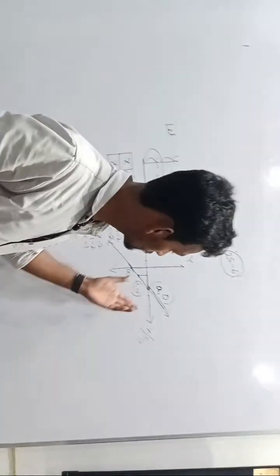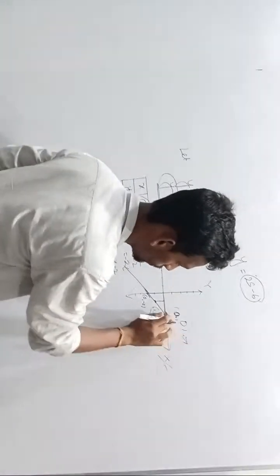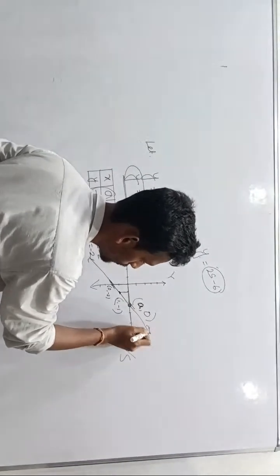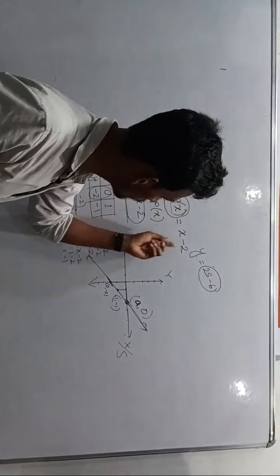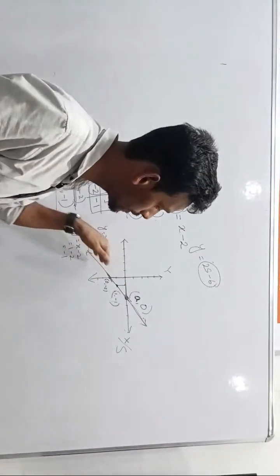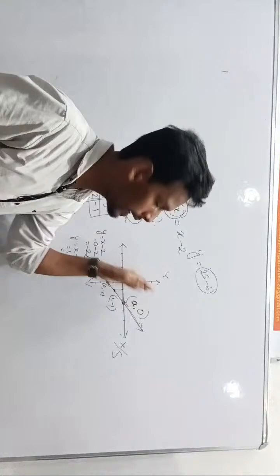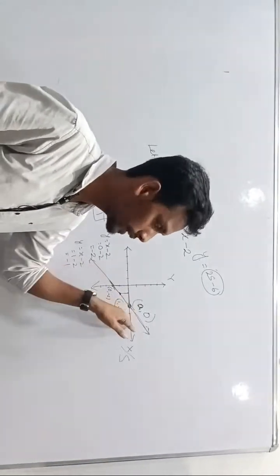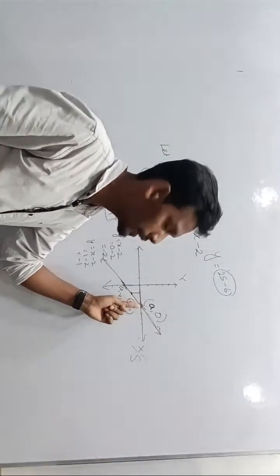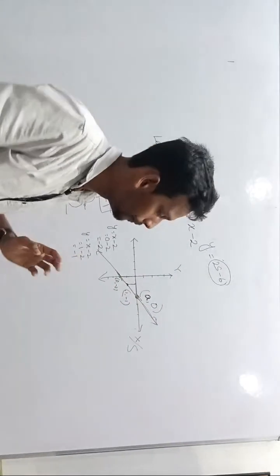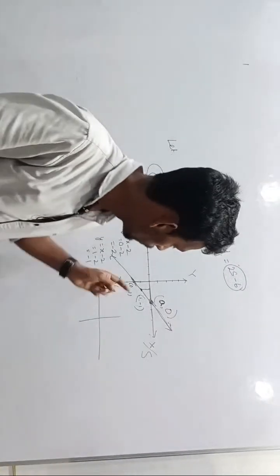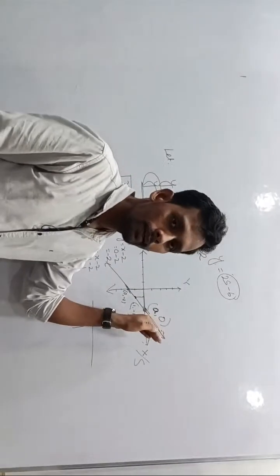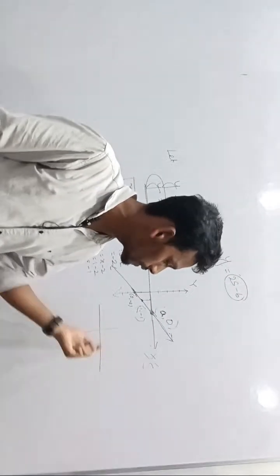First, let's see what the graph of a linear polynomial looks like. For any linear polynomial, the graph is a straight line, and it will intersect the x-axis. Now tell me one thing: when can a straight line not intersect the x-axis?